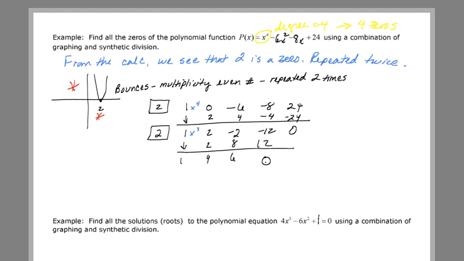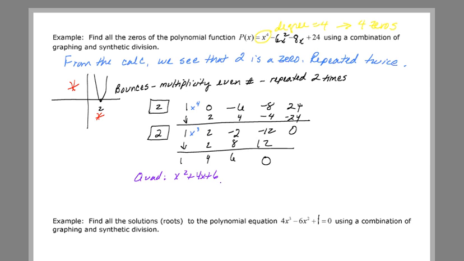And yep, I get a remainder of 0. By doing the repeated synthetic divisions, because that was a repeated 0, that repetition caused me to get this thing down to the magic quadratic: x squared plus 4x plus 6.